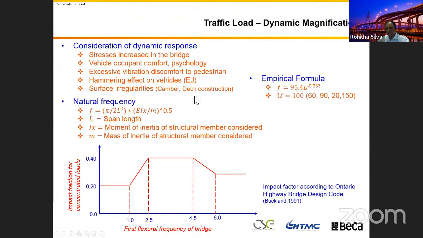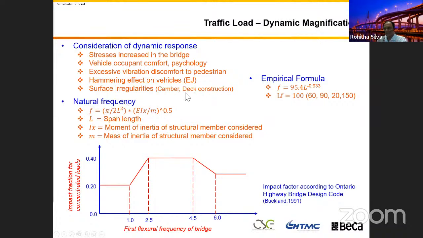Another thing, especially if a bridge is not uniform, if there's a significantly bad dynamic response from the bridge, for example when you are driving through the expansion joint, you know that bang sound, the hammering effect will reduce the design life of your shock absorber, so you need to change it regularly.